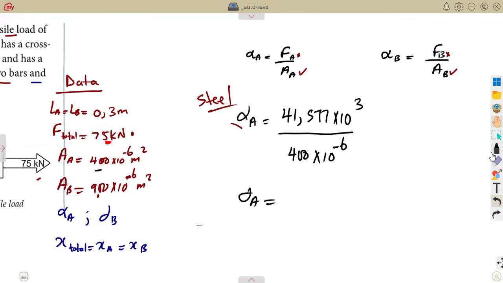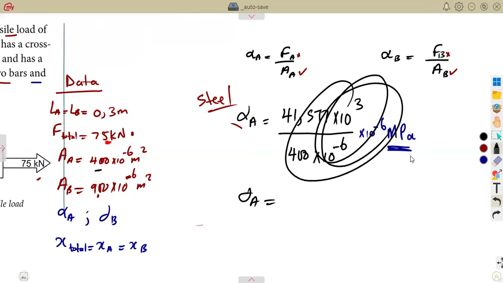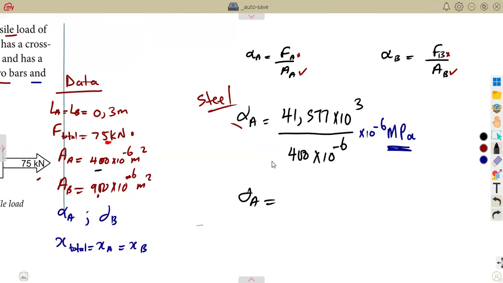Remembering that this is stress, and stress in megapascal is times 10 to the exponent of minus 6, your answer is going to be in megapascal. Whatever you have, multiply by 10 to the exponent of negative 6. So that was going to give you 103,923 megapascal. That is the stress affecting the steel.